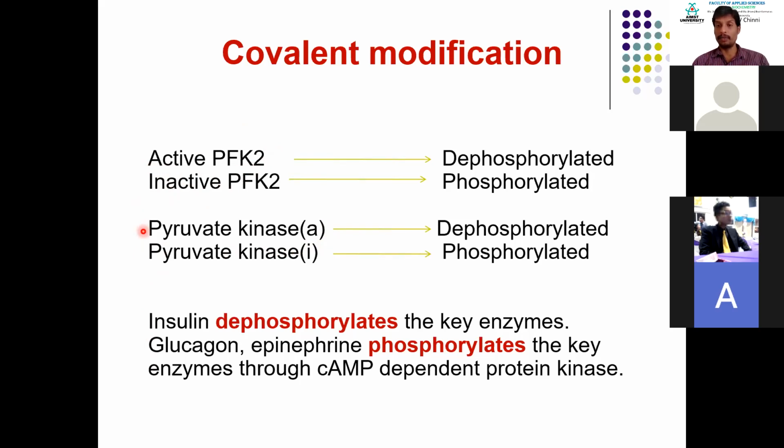Thus they get activated, and glycolysis will be activated. Then glucose will be utilized, and the glucose concentration in your cells will be reduced. So that is the function of insulin.